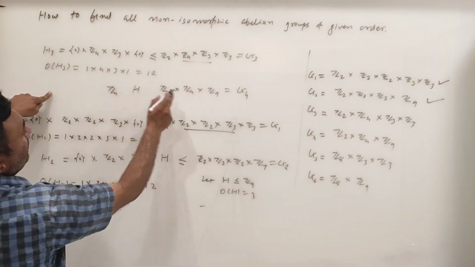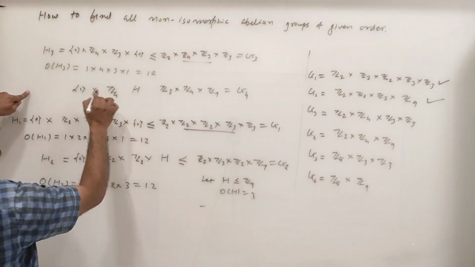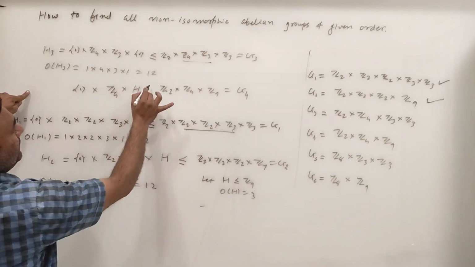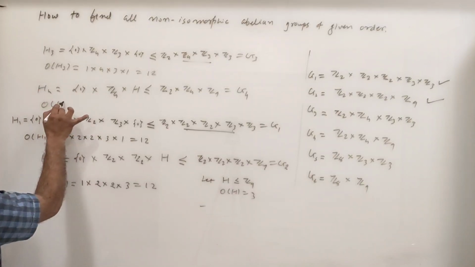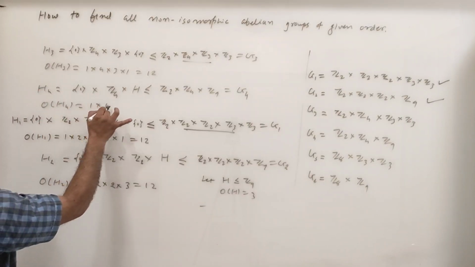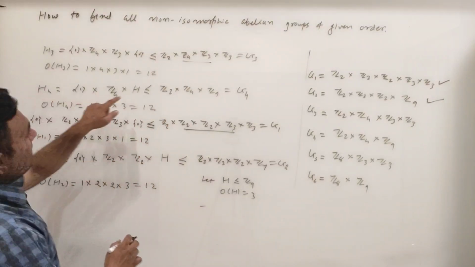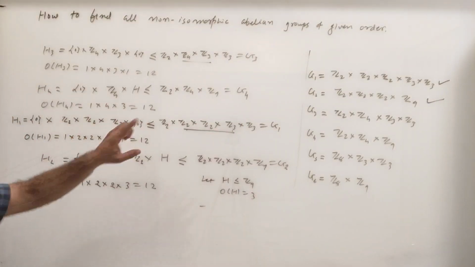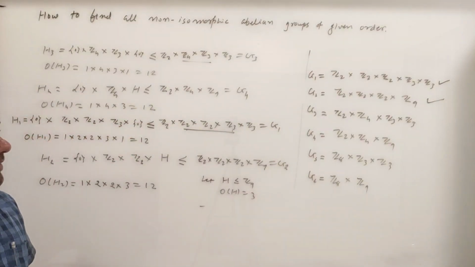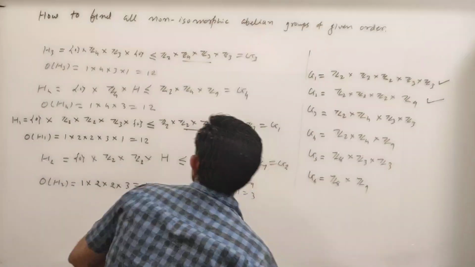Z4 is a subgroup of Z4 and singleton 0 is a subgroup of Z2. So 0 cross Z4 cross H. So this will be a subgroup of this, and let me say it is H4. So what will be order of H4? It is 1 cross 4 cross order of H is 3. So it is 12. मतलब H4 is a subgroup of G4 and order of H4 is 12. मतलब G4 के पास भी एक 12 order का subgroup है, right? Now what about G5?